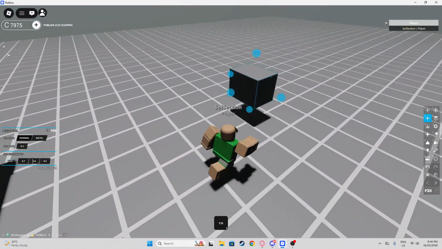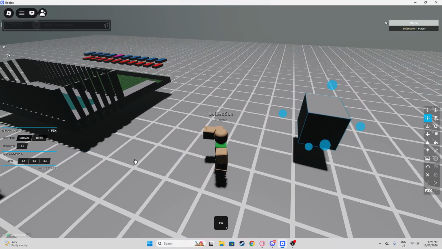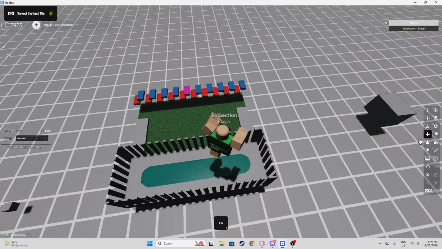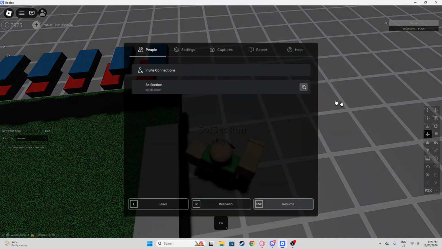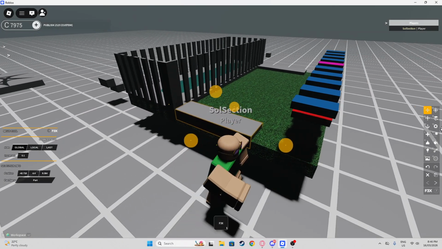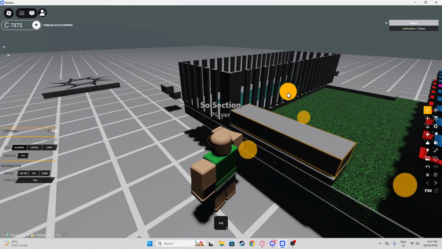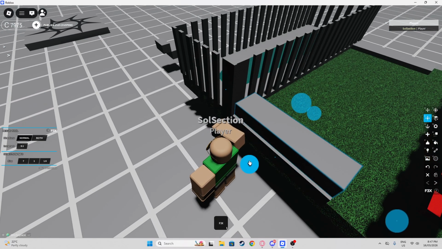But on here it's length, height, width, I think. And that's basically it, to be honest. The representation of how deep they are doesn't really matter.